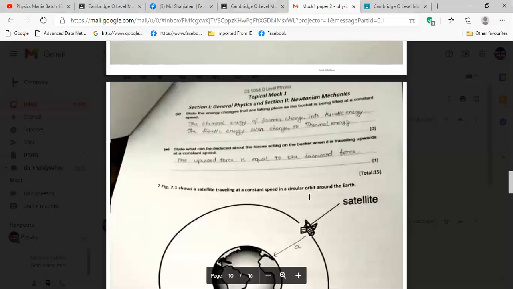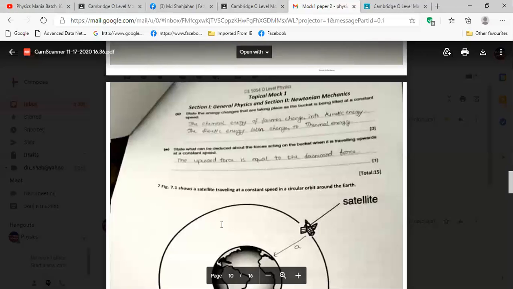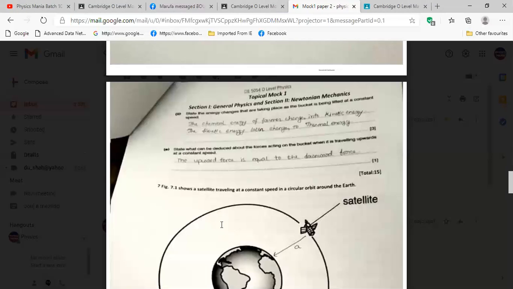Okay, then the next thing you wrote: the upward force is equal to the downward force. So there is no resultant force, right? The downward force is weight, and the upward force is tension force.